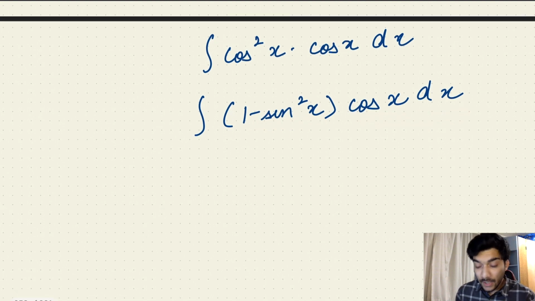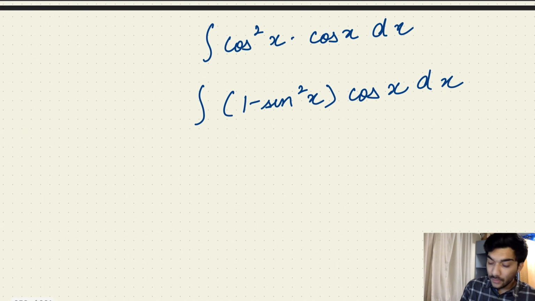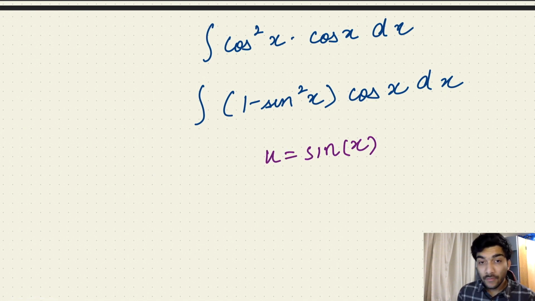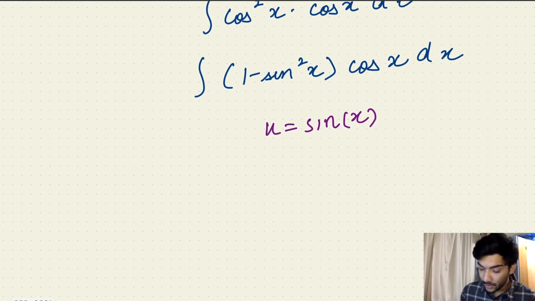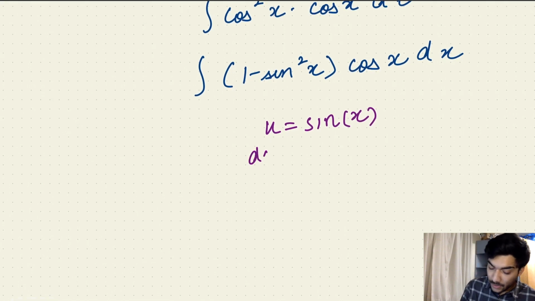So this gives us an idea that if we assume our u function to be sin x in this case, it will further simplify our expression and we'll get a very simple expression to calculate the indefinite integral for. So if we assume u to be sin x, take the derivative of u with respect to x, we get cos x, right?